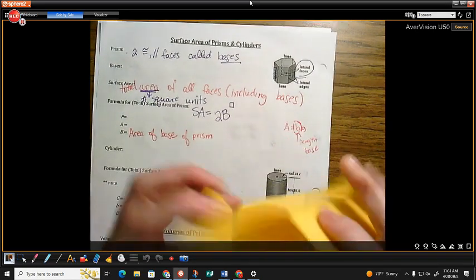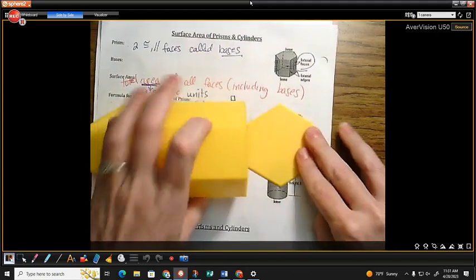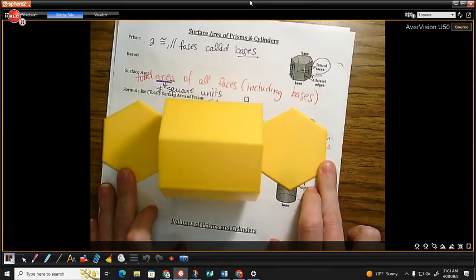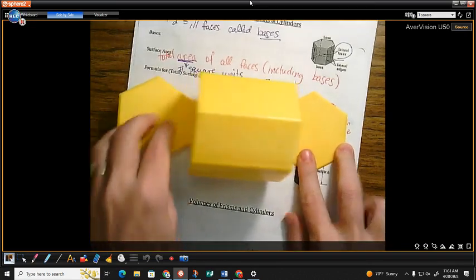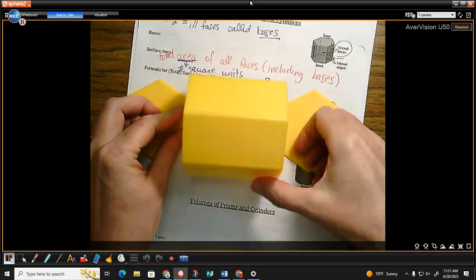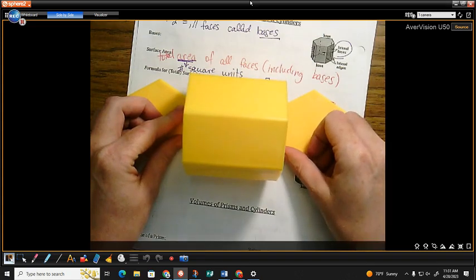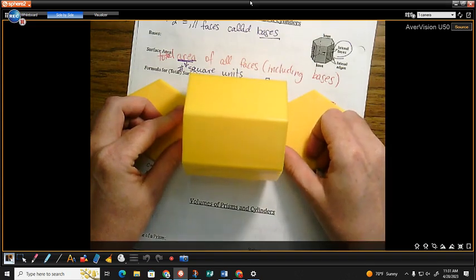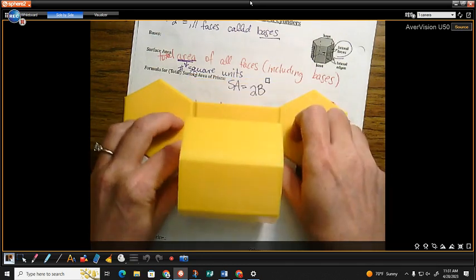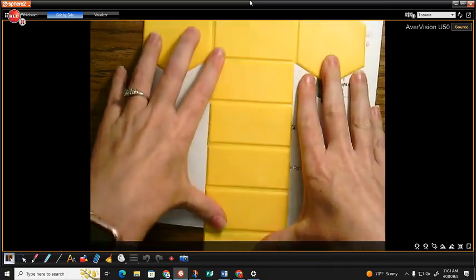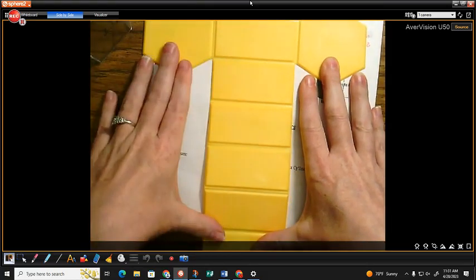So now I found the area of my two bases. There they are. But now I have to have the area of all these rectangles. Do you want to have to find 6 rectangular faces? Not really, because you're kind of lazy, aren't you? Because you're mathematicians. So how could I find the area of all of it at once?